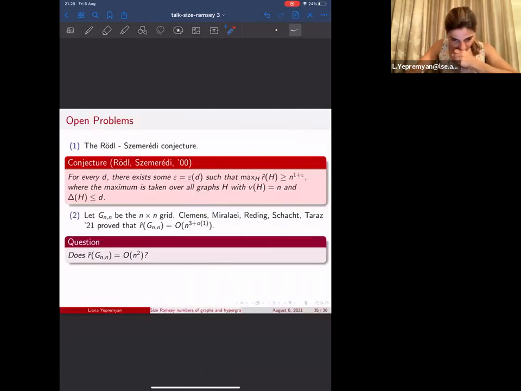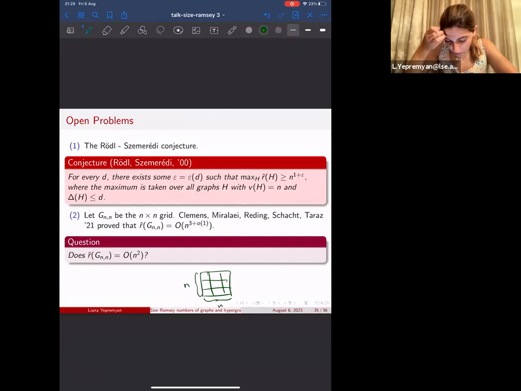And the second problem I would like to mention is the size Ramsey number of the n by n grid. So what's a grid? You probably have seen a graph like this, where we have n rows and n columns. It's a question whether the grid has linear size Ramsey number or not.